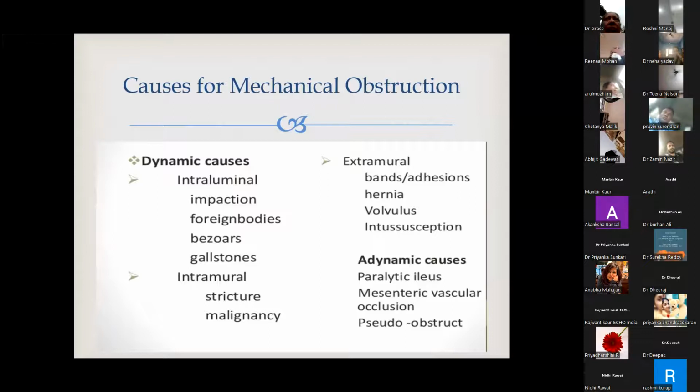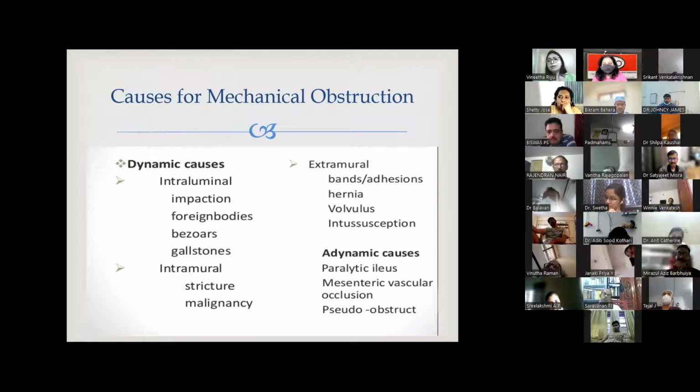Volvulus, again, yes. Intussusception also. All these could also lead to strangulation. Now, adynamic causes, you have paralytic ileus, mesenteric vascular occlusion, and pseudo-obstruction. So these are many things that you already know. All these we have learned in our academic years.